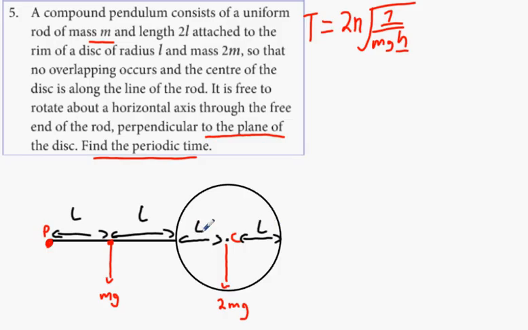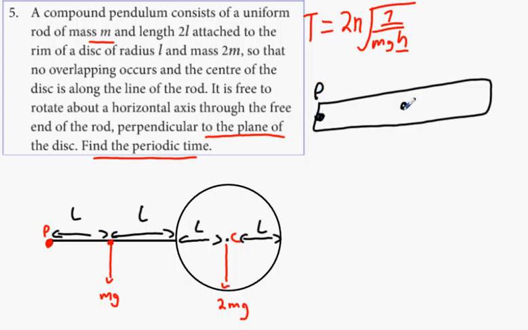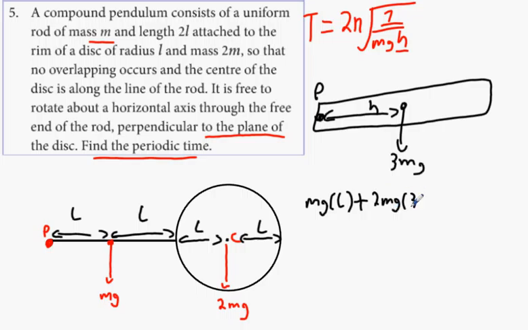So in a nutshell, the turning moments equal the turning moments of a combined system if I was to treat them as 3mg together. If I treat that as a single body, and this is the axis P, the 3mg would work at a distance h from the fulcrum, that is P. So we say mg times L, plus 2mg times 3L, equals 3mgh.